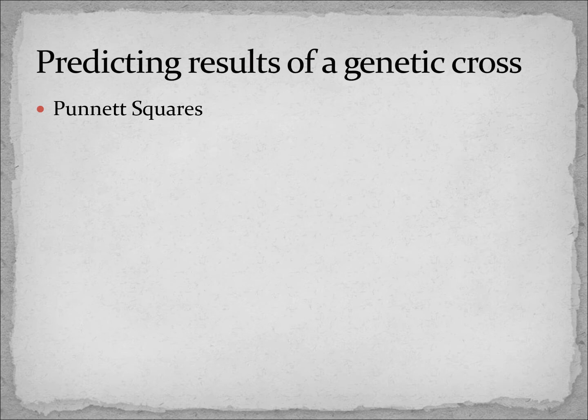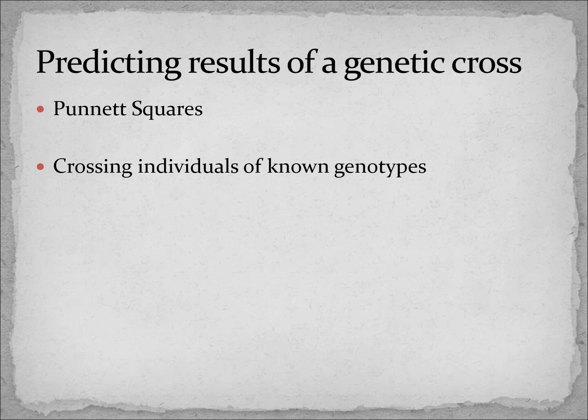Punnett squares are actually used to display the cross and what the potential outcomes of a cross would be in order to predict the results of a mating between two individuals. And what I mean by results are the potential genotypes and, of course, the phenotypes if you know the heritable information, for instance, if it was dominant or recessive.